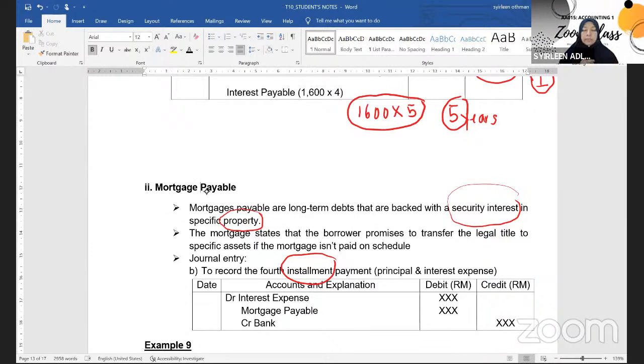Okay, so for mortgage, normally when you calculate all your interest for that particular year, that interest will be spread over 12 months. So it will be paid together with the principal for the mortgage.